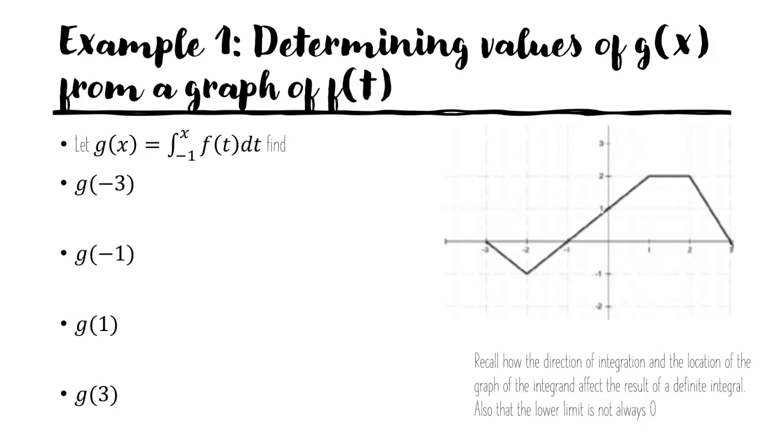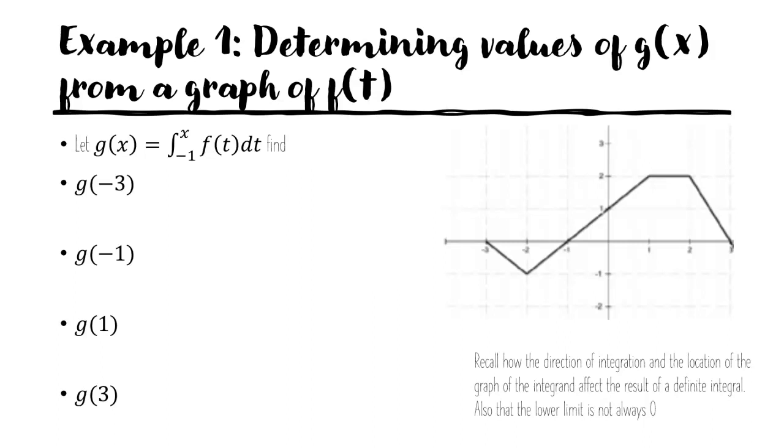So we can use this to help us with values of g from a graph of f. Oftentimes on the AP exam, they're going to give you a graph of a function. In this case, our function is f. And they're going to give you a relationship between g and f.